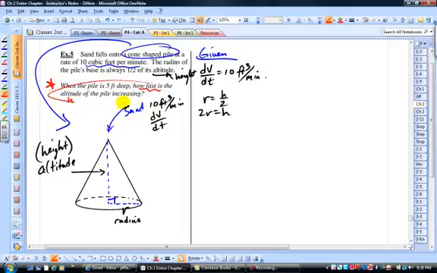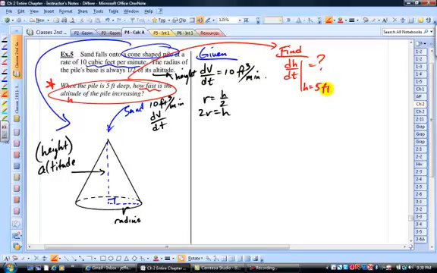So this portion right here, we need to find how fast the altitude is increasing. Well, that's dH/dt, how fast height is changing over time when the pile is exactly 5 feet deep, when H is exactly 5 feet. How fast is that? Okay, that's what we have to find. This question is how we're going to do it.